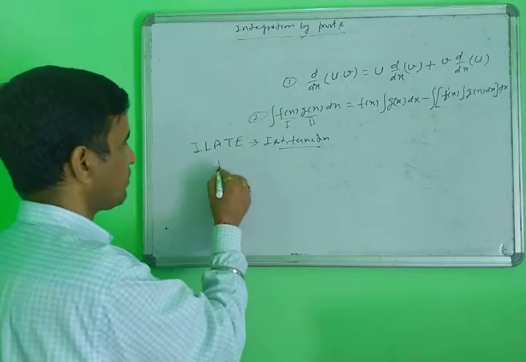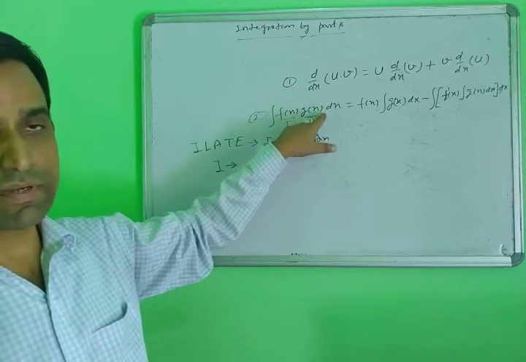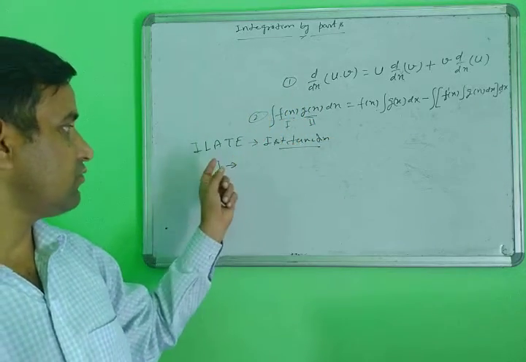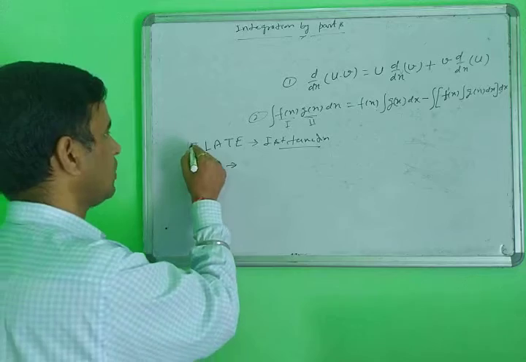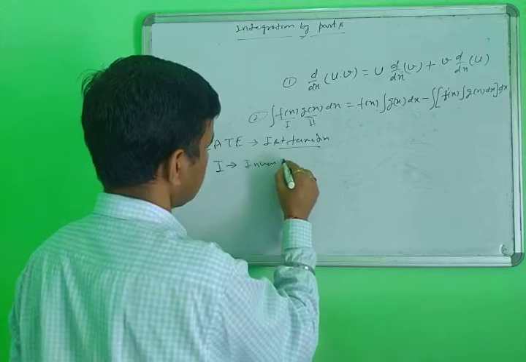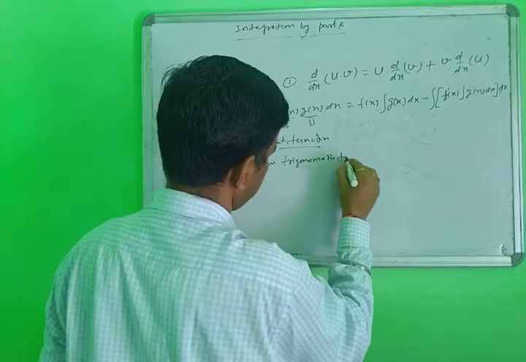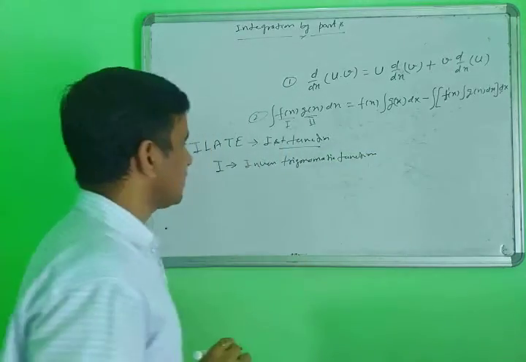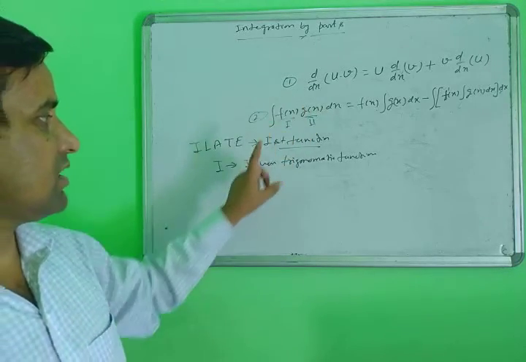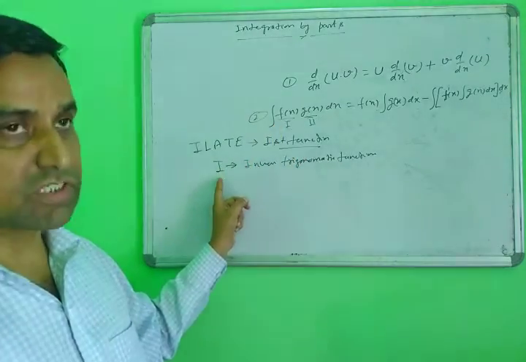I means inverse trigonometric function. Suppose you have two types of functions, one inverse function and one algebraic function, or an inverse function and an exponential function. According to the ILATE rule, you select the inverse function as the first function. First you select the inverse trigonometric function as the first function.